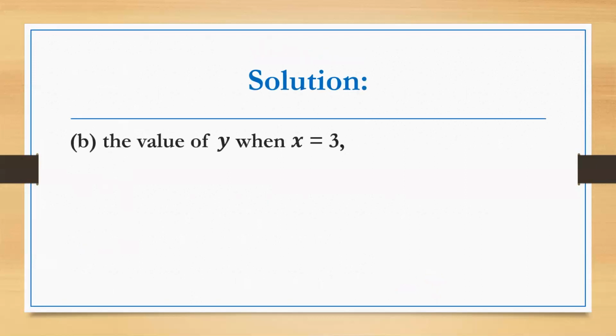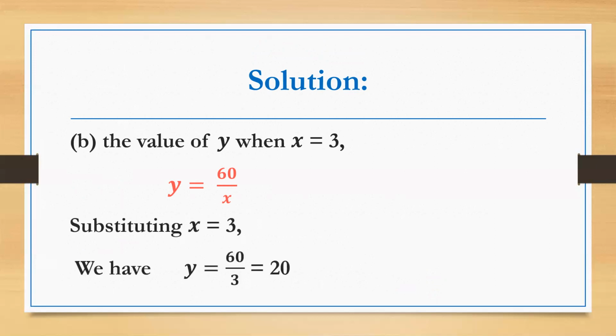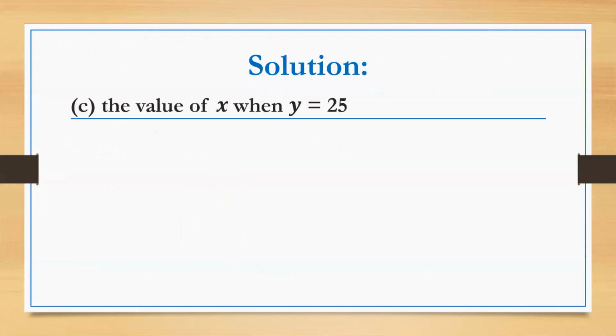Part B, I need to find the value of y when x equal to 3. So the equation was y equal to 60 over x. I replace x by 3 and I obtain y equal to 20. Now for part C, I need to find the value of x when y equal to 25.